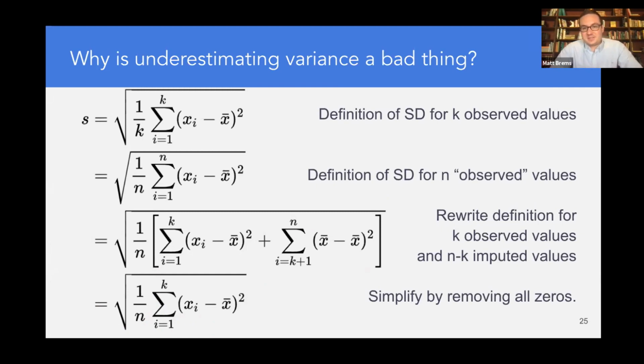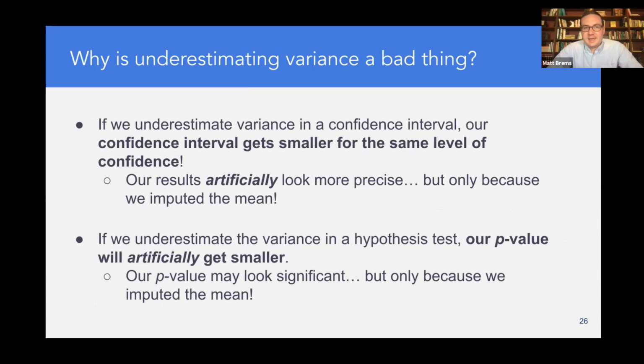and generating confidence intervals. If we underestimate variance in a confidence interval, we're going to have that same level of confidence, maybe say 95% confidence, but that confidence interval artificially gets smaller because we shrink our standard deviation. So our results look more precise, but it's literally only because we imputed the mean.